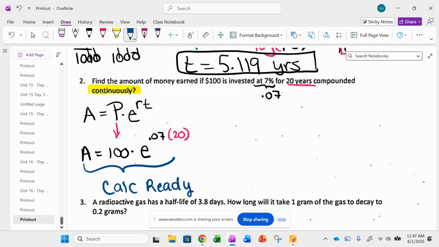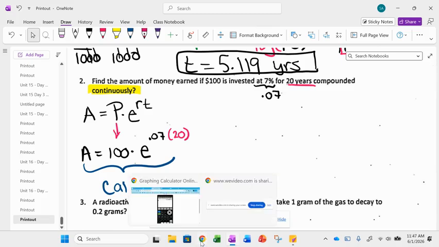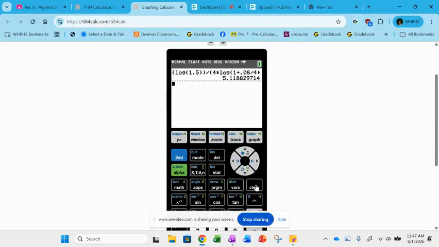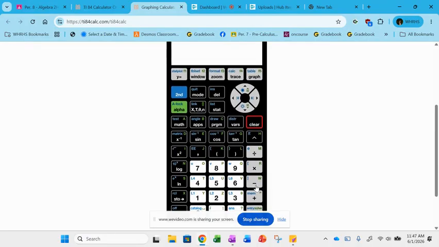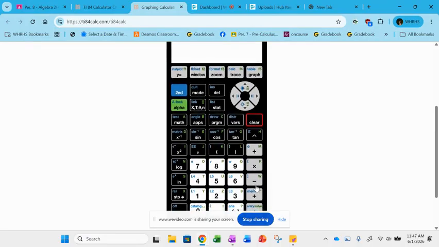I'm going to show you how to plug this into your calculator. So let's go to our TI-84. Clear it. Now, e, I don't think we've ever used the e to an exponent before in the calculator. You see where the ln button is? You see in blue right above it, it says e to the x. The way we get that blue is we press the second button and then press ln.